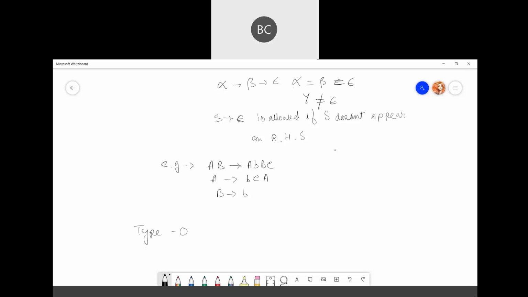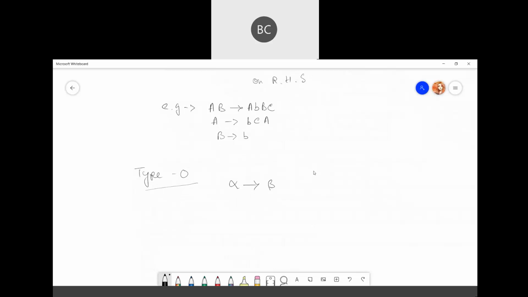For type 0, it should always be in the form alpha equal to beta, where alpha is a string of terminal and non-terminal with at least one non-terminal, and alpha cannot be null.